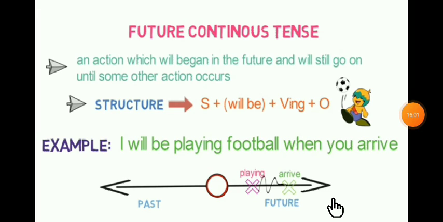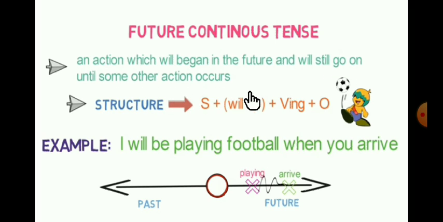So here in the future continuous tense, the action takes place somewhere in the future and it is going on, and someone arrives and interrupts him and it is stopped. So, are you getting this one? It is totally based on this definition. See here, read it once again. An action which will begin in the future and will still go on until some other action occurs.